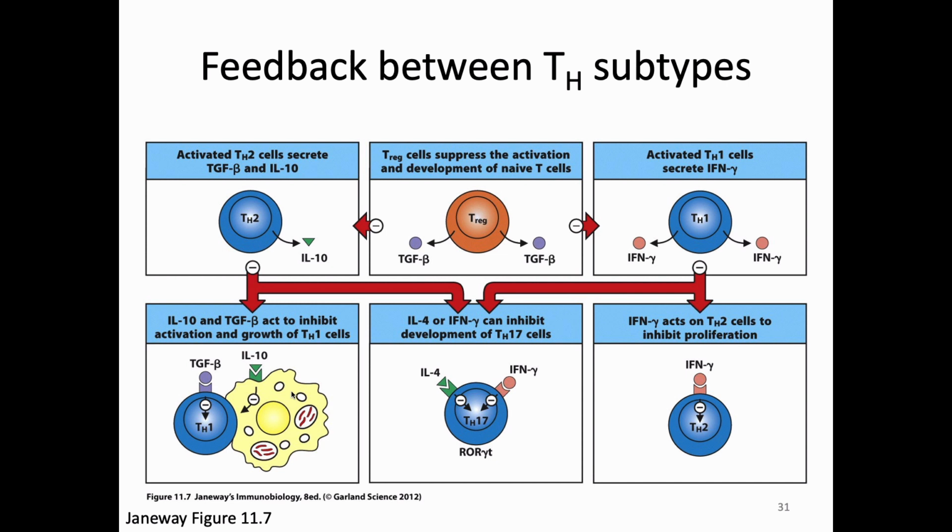They also inhibit a Th17. Th1s inhibit a Th17 or a Th2. Tregs inhibit everybody. So basically, we could make some sort of very complicated web diagram where every type of CD4 T cell subset inhibits the generation of the other CD4 T cell subsets, while also giving positive feedback on its own subset.